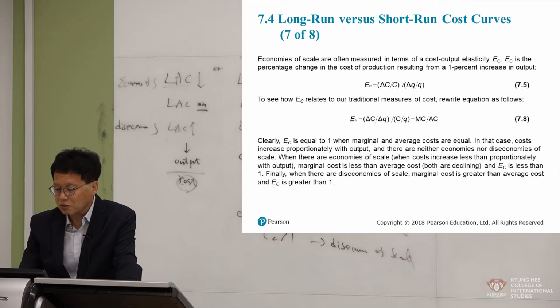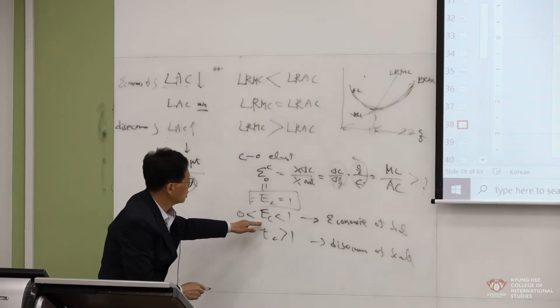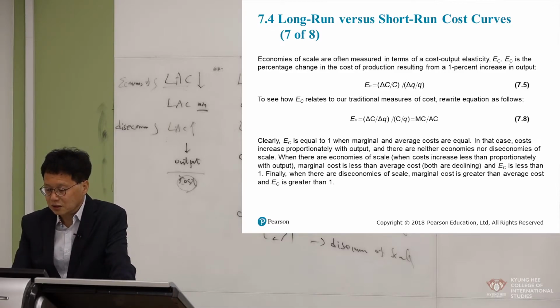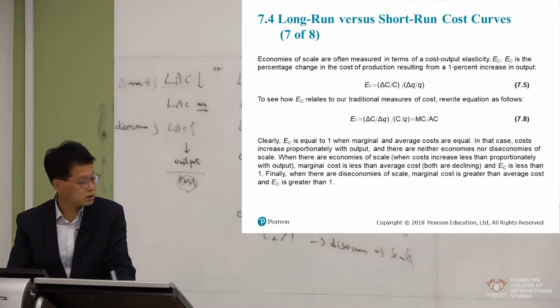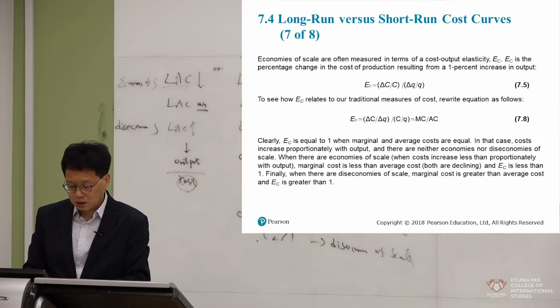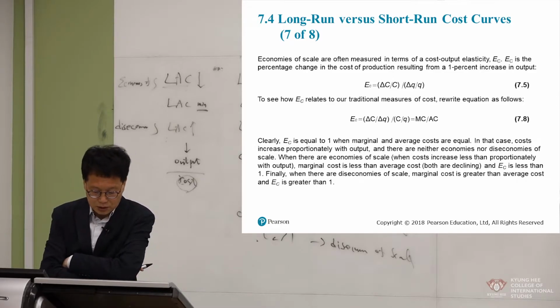When there are economies of scale, when costs increase less than proportionately with output, marginal cost is less than average cost, and EC is less than 1. And finally, when there are diseconomies of scale, marginal cost is greater than average cost, and the EC is greater than 1. Okay? And I'd like to add one more thing.